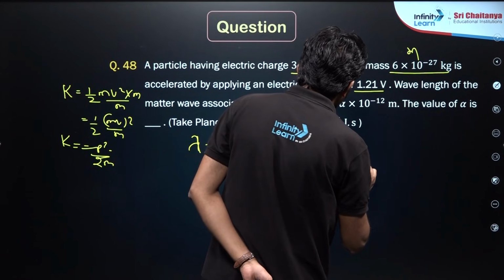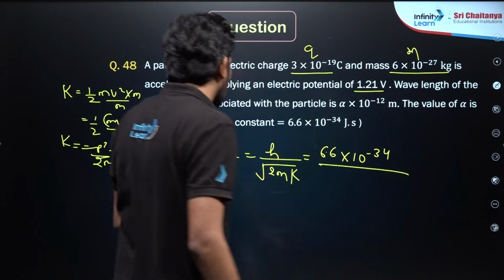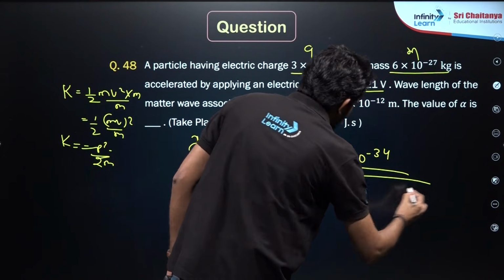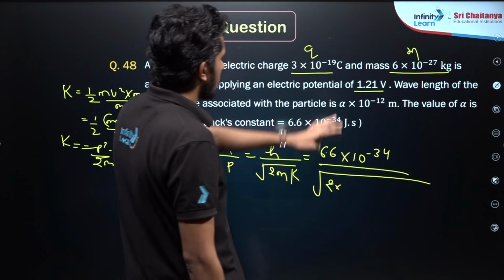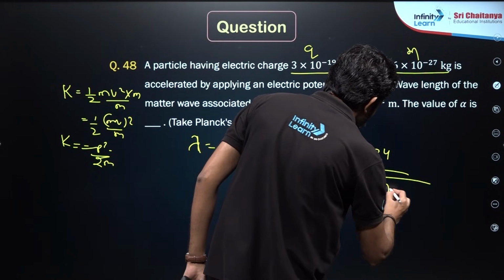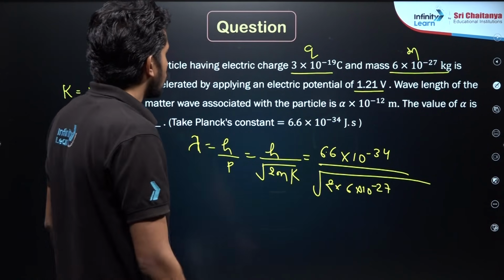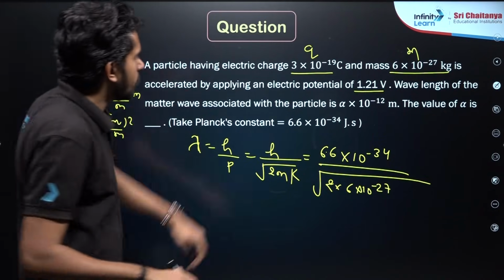6.6 into 10 raised to minus 34. Okay, now 2m in the root, the mass is given, 10 raised to minus 27, 2m k. So k will be what? The energy. Energy will be qV.